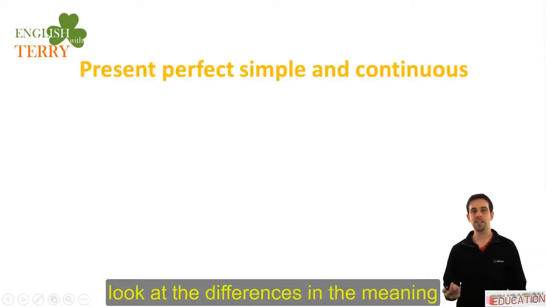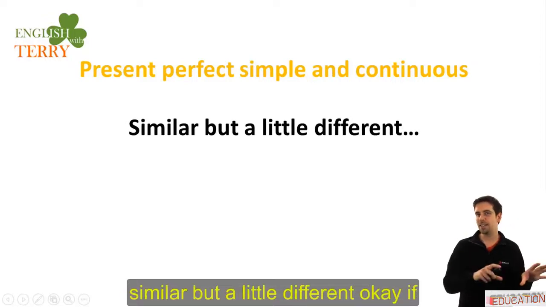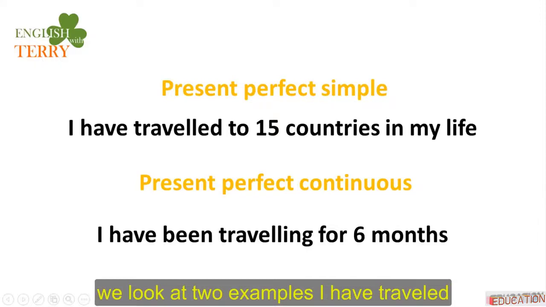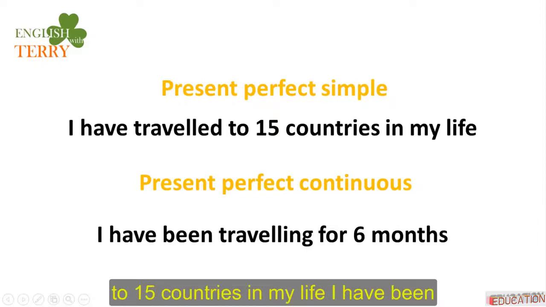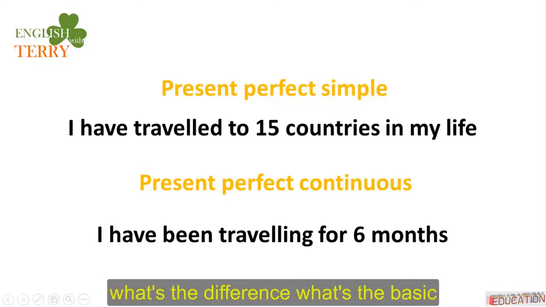Now, when we look at the differences in the meaning of present perfect simple and continuous, similar but a little different. Okay. If we look at two examples: I have traveled to 15 countries in my life. I have been traveling for 6 months. Stop the video. What's the basic difference?